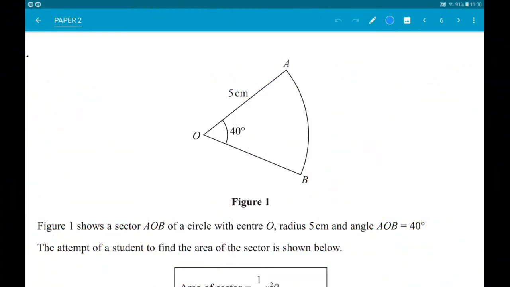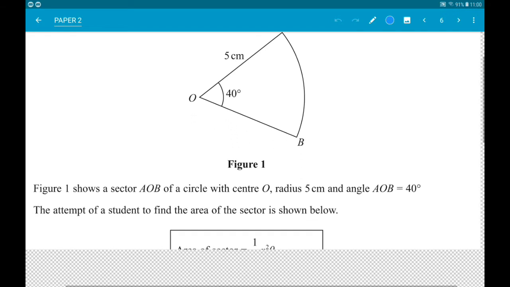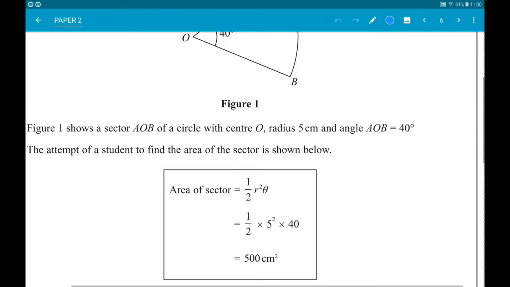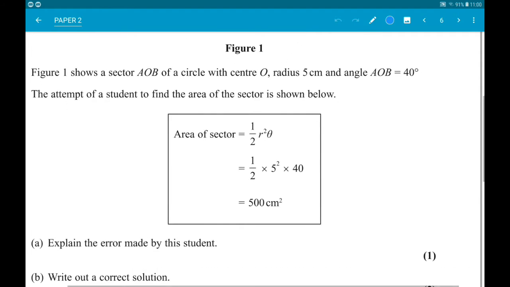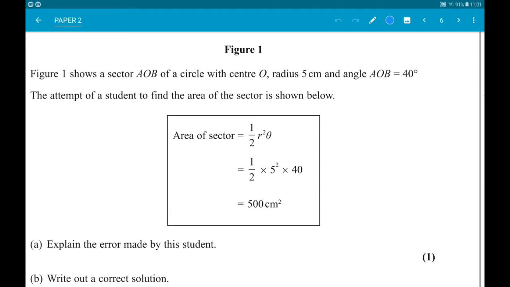Number 3, so we have a sector of a circle, centre O, radius 5 centimeters and an angle 40 degrees. The student has tried to work out the area. Part A wants us to explain the student's error.